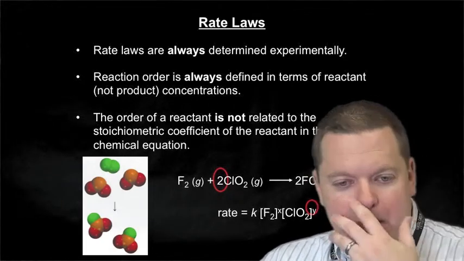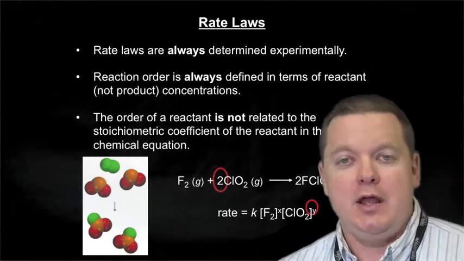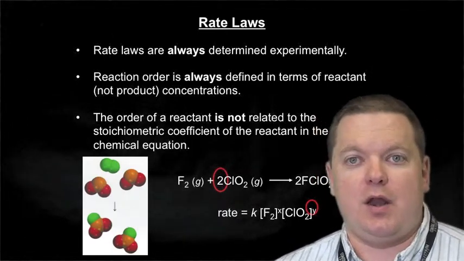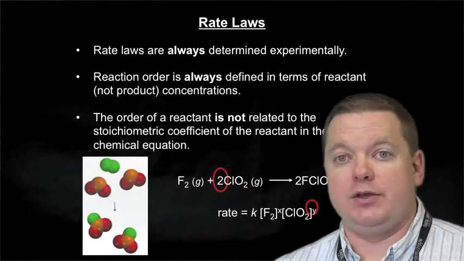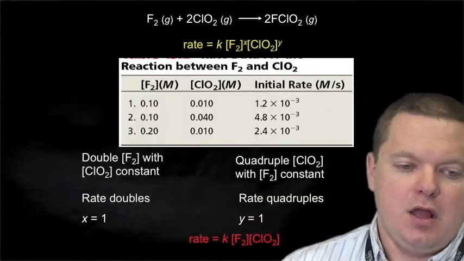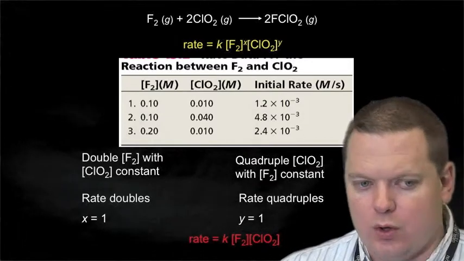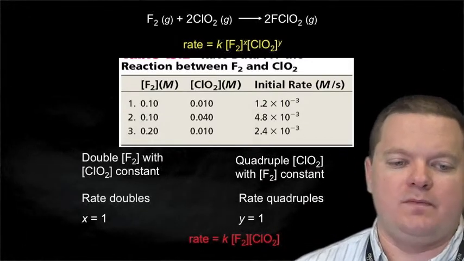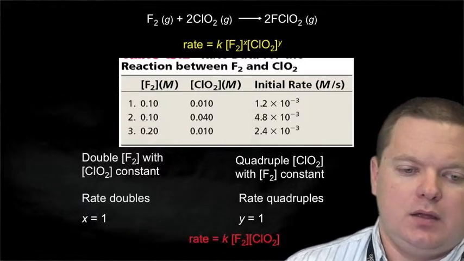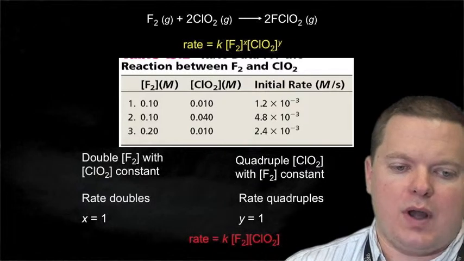So let's go about looking at the first way we can determine these rate laws. So what we're going to do is we're going to do a chemical reaction. We're going to look at fluorine reacting with chlorine dioxide to form monofluorochlorate.